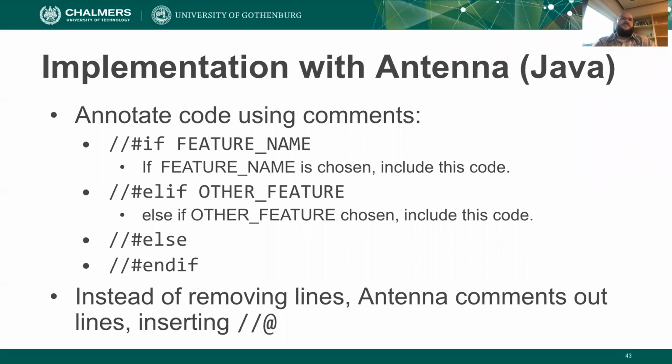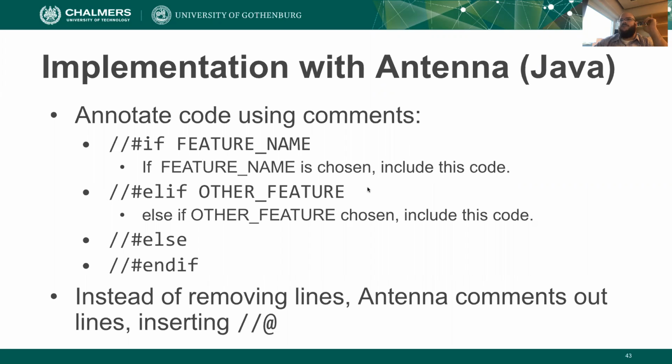Antenna uses a similar set of directives to CPP to annotate the code. It uses if, elif, else, and endif, right? So again, in the same manner, we start with if feature name. If we include this feature, or we chose this feature, it will include this code.